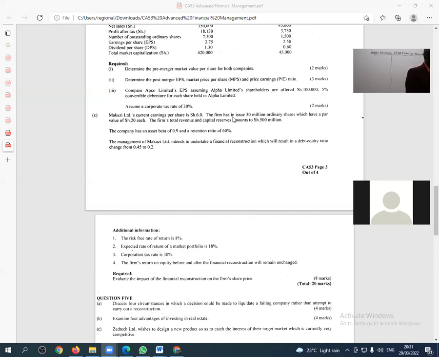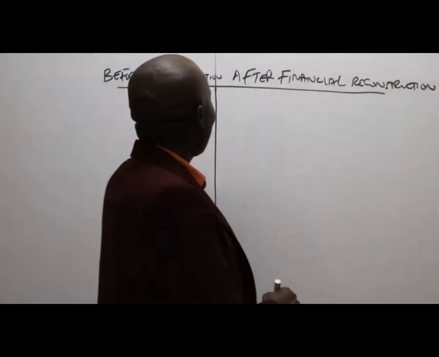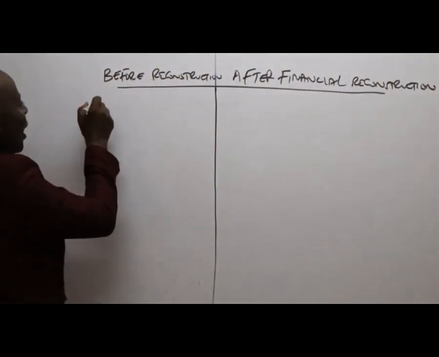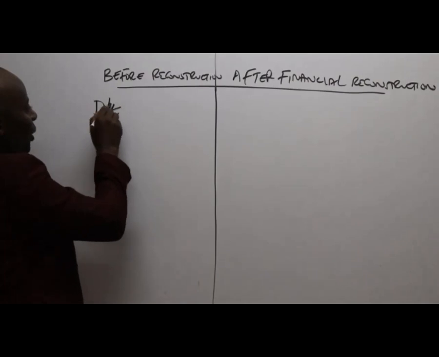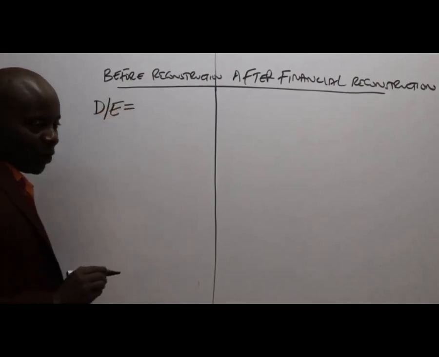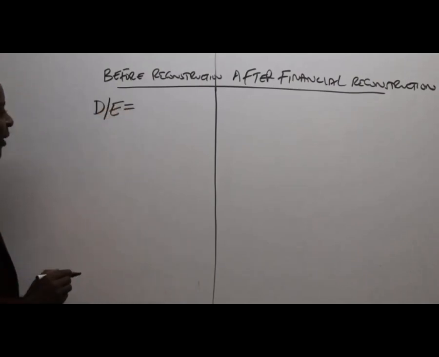Ladies and gentlemen, they are telling us there that the management of Makazi Limited intends to undertake a financial reconstruction, which will result in the debt to equity ratio changing from 0.45 to 0.2. So before reconstruction, our debt to equity ratio is equal to what?